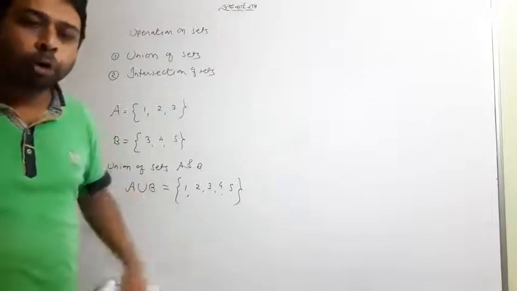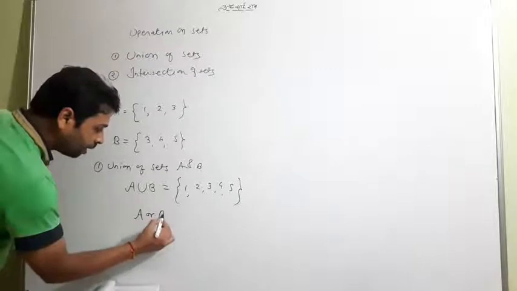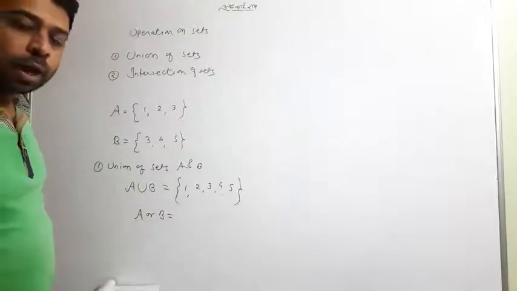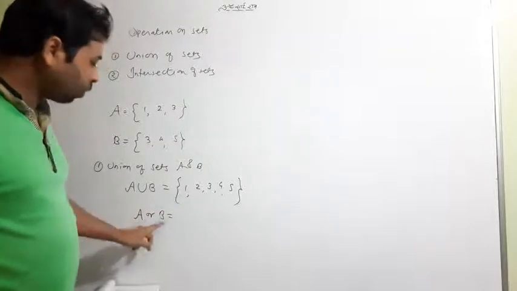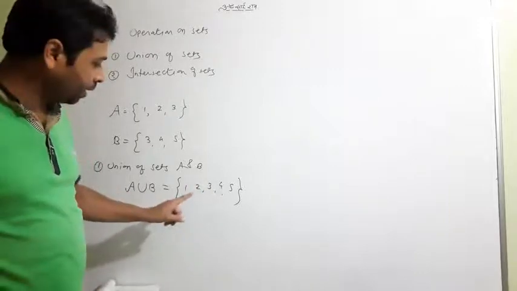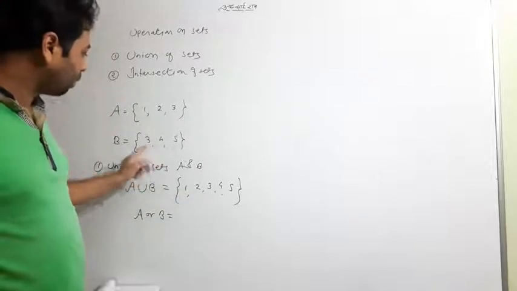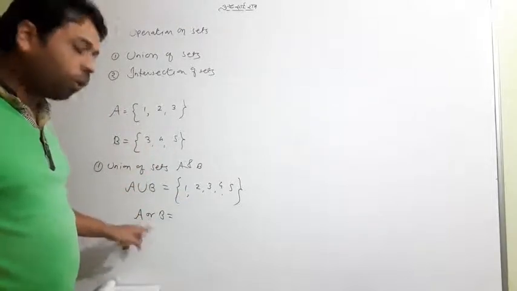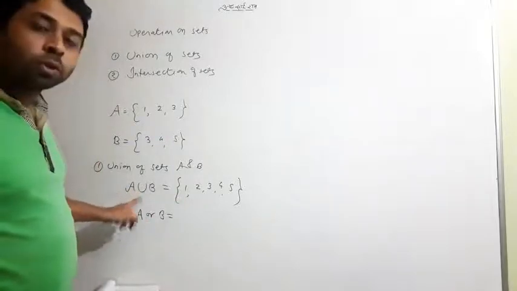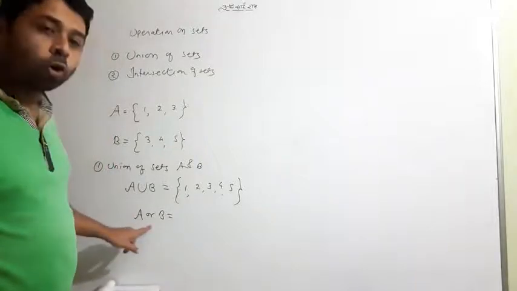In word problems, we have to make the habit that union means "or". A or B means this contains the elements of either A or B. Look now: 1, 2 are the elements of A and 3, 4, 5 are elements of B. So all of this means A or B. In further study, remember that I will speak of union as "or".